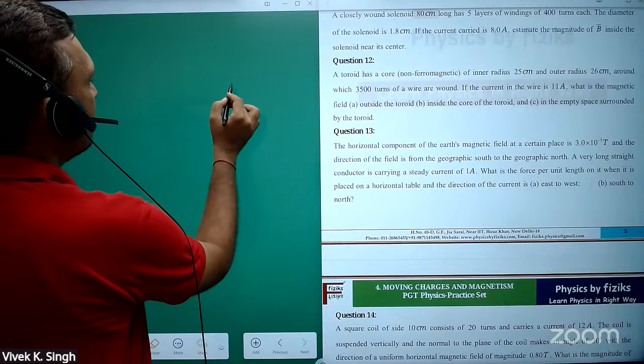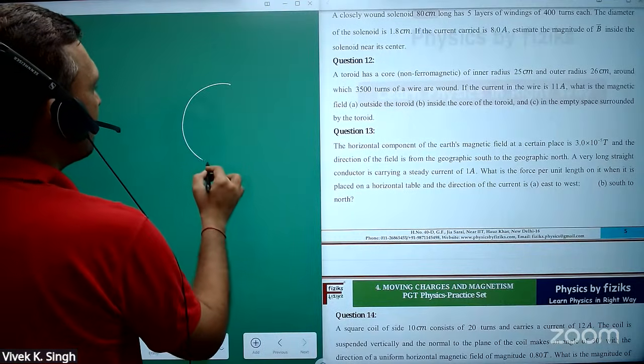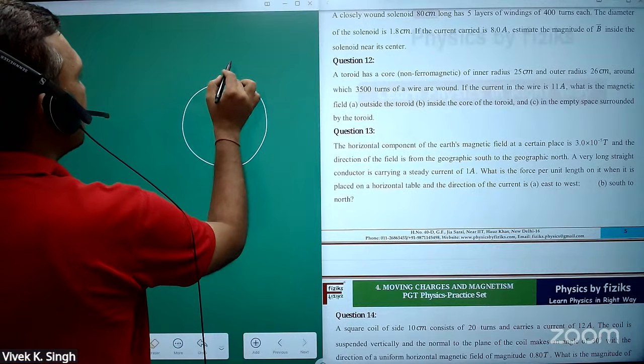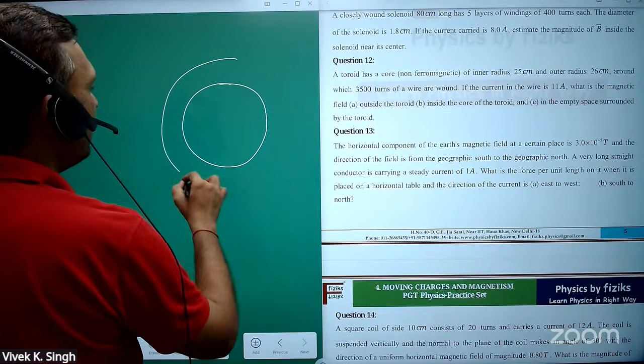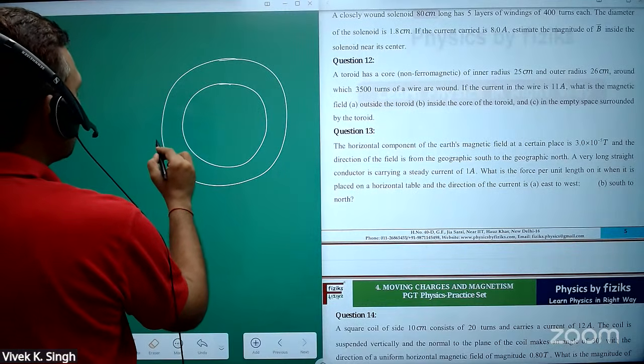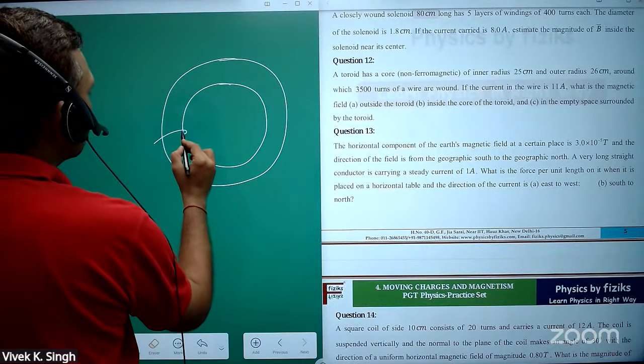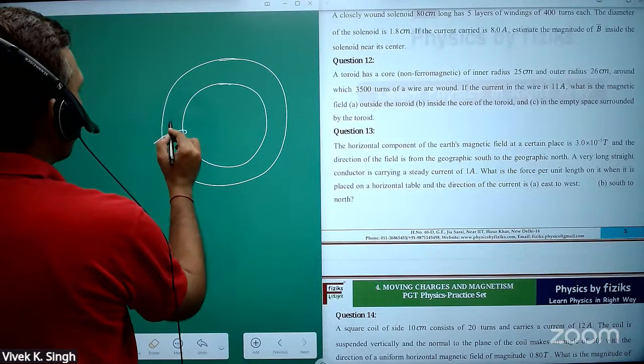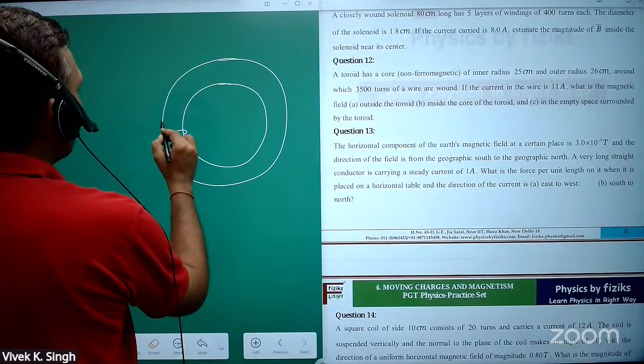So let's consider a solenoid bent in a circular shape.